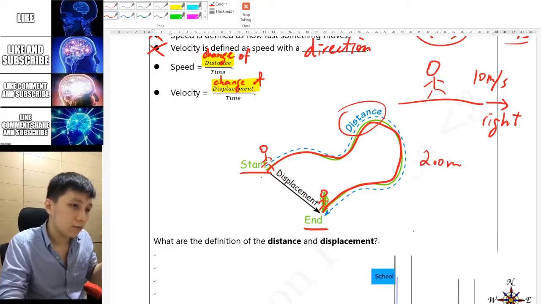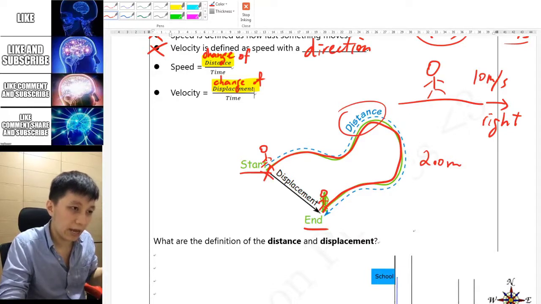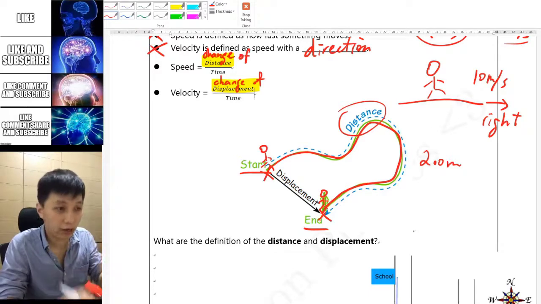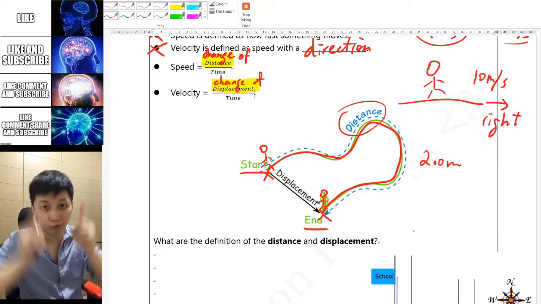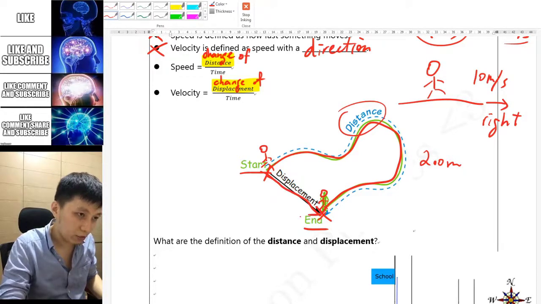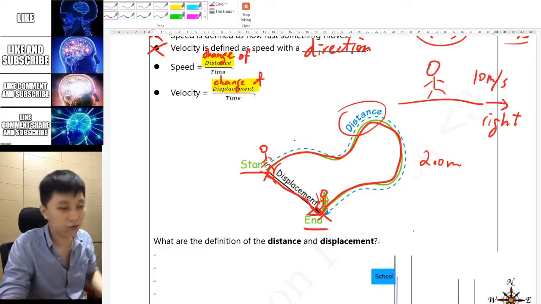And within these 2 points, because you have a starting point and an ending point, you must be able to draw a straight line, because for any 2 points you must be able to draw a straight line. This straight line with the direction is called the displacement. So its length is the displacement.